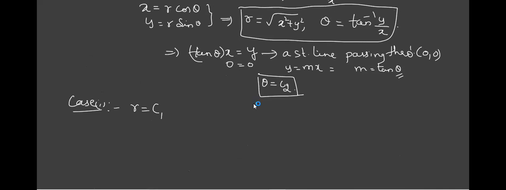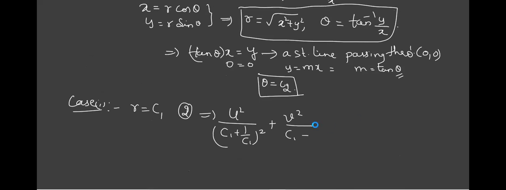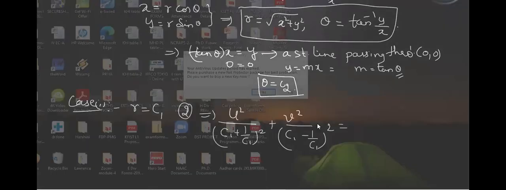So equation 2 becomes u square upon (c1 plus 1 by c1) the whole square plus v square upon (c1 minus 1 by c1) the whole square is equal to 1.